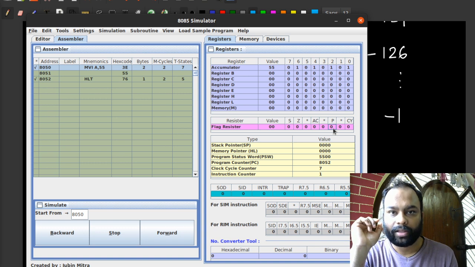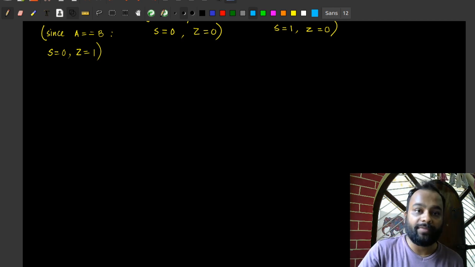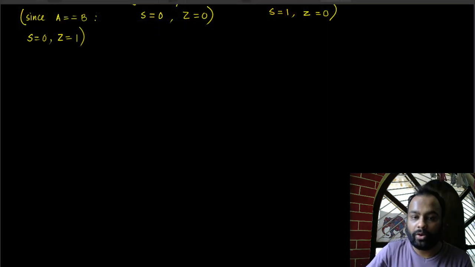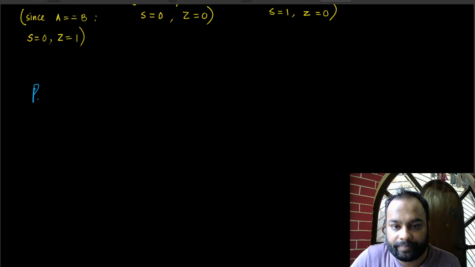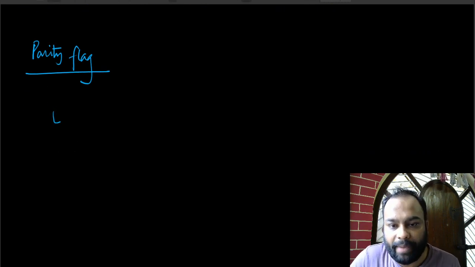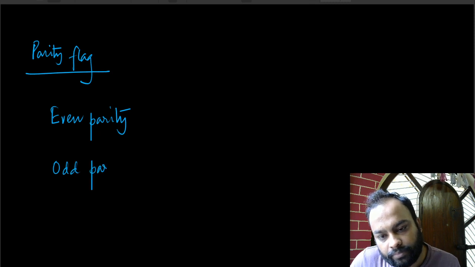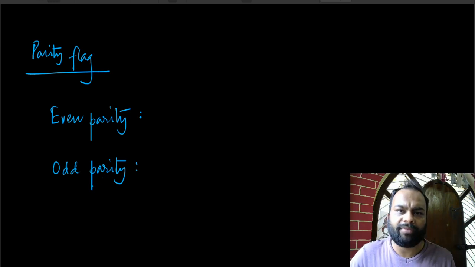Okay, so let me write down what I just meant. As far as the discussion with the parity flag goes, this is the parity flag. What is parity? There are 2 parities, even parity and odd parity. And you might already have learned that parity is used for error checking.